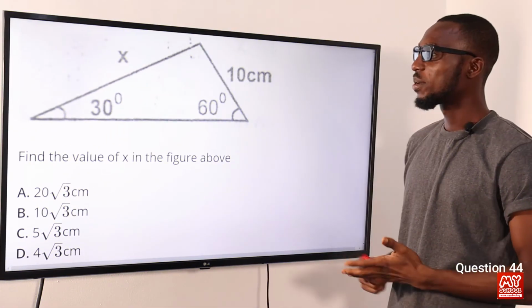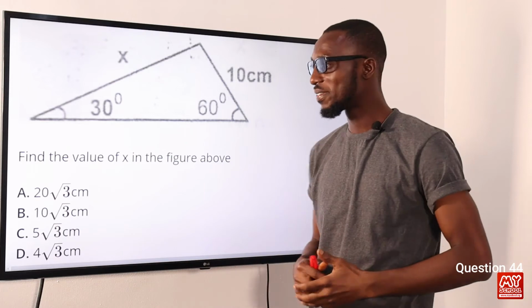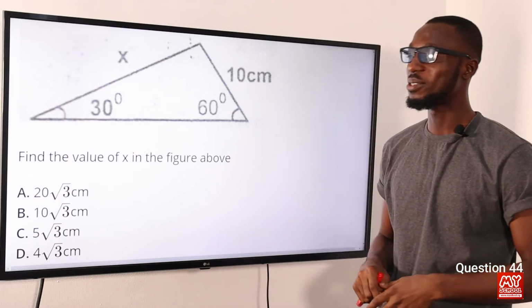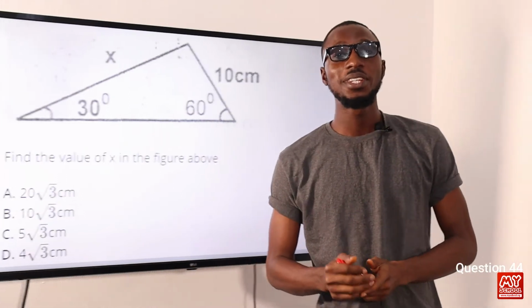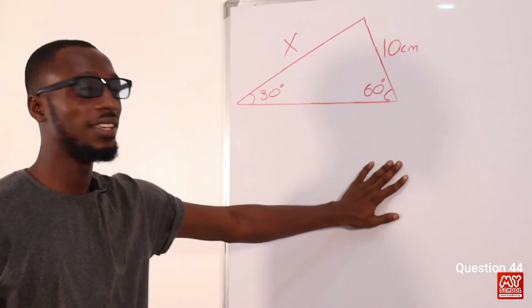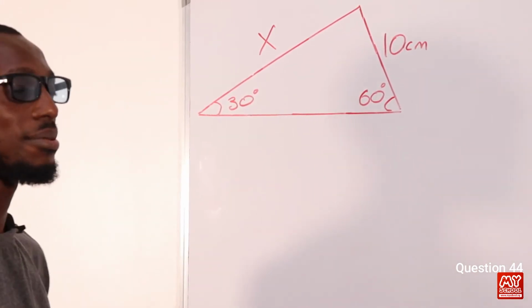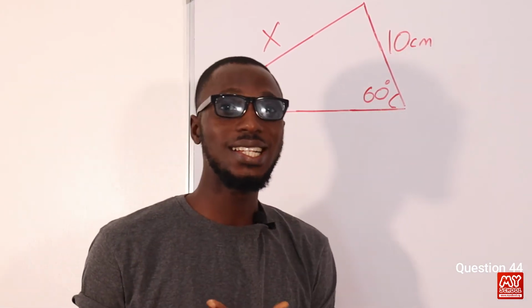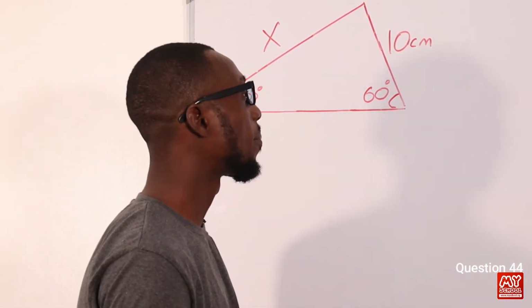Number 44. So we have this question before us. Find the value of X in the figure above. Okay, so all we just need to do is just to take simple approaches. So we have all of this given to us. So the first thing we can just do is to determine where the hypotenuse, the adjacent, and the opposite are.